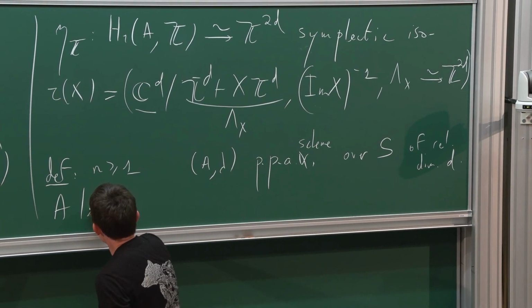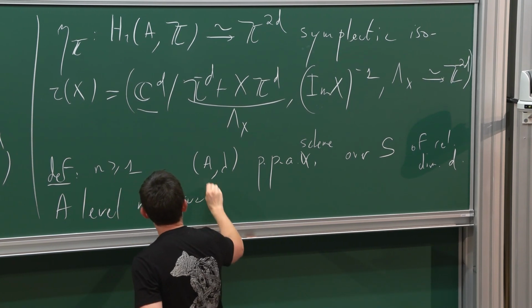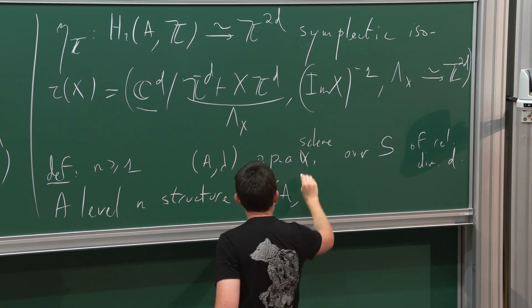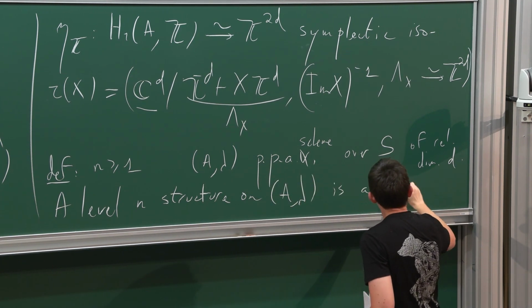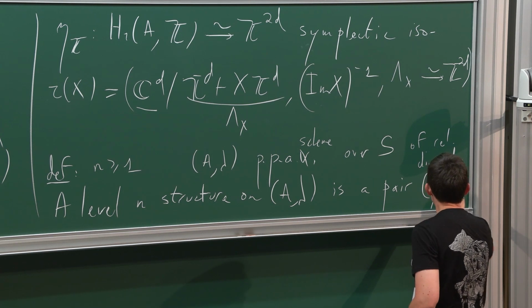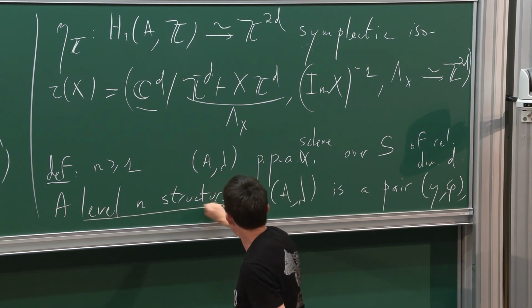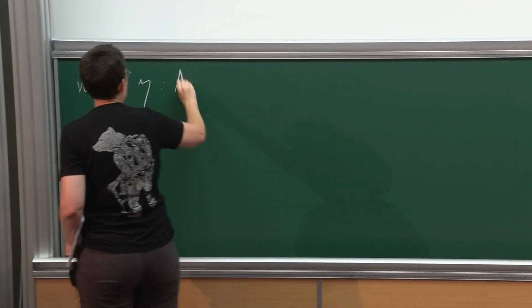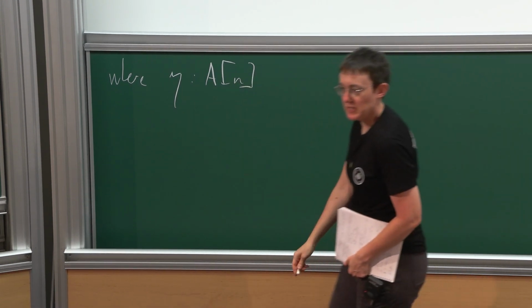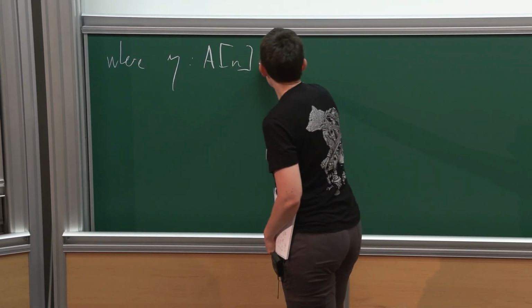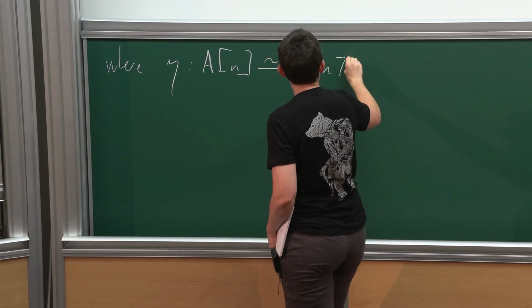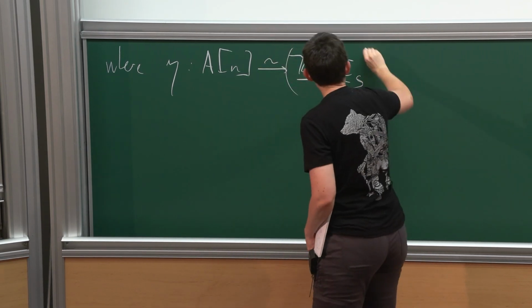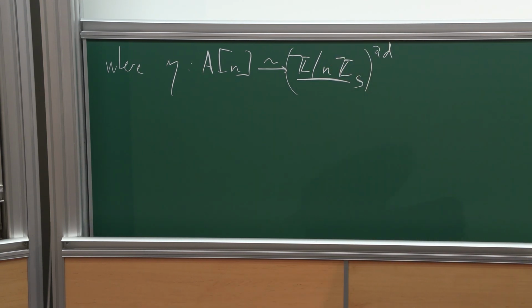A level n structure on A lambda is a pair eta, phi, where eta, if you've seen level structures on elliptic curves, this should look familiar, is an isomorphism between the group of n-torsion points on A and this constant group scheme here.